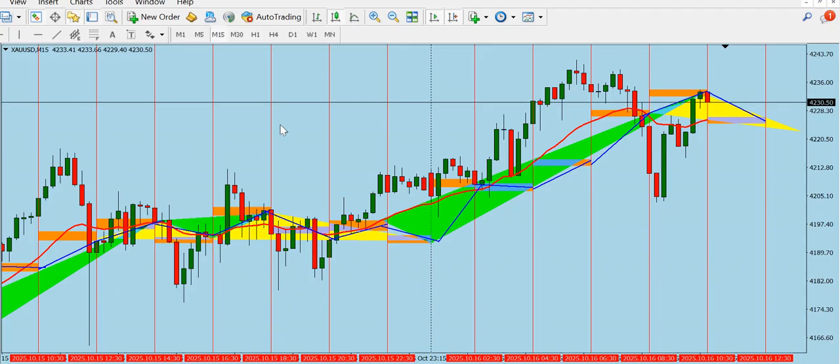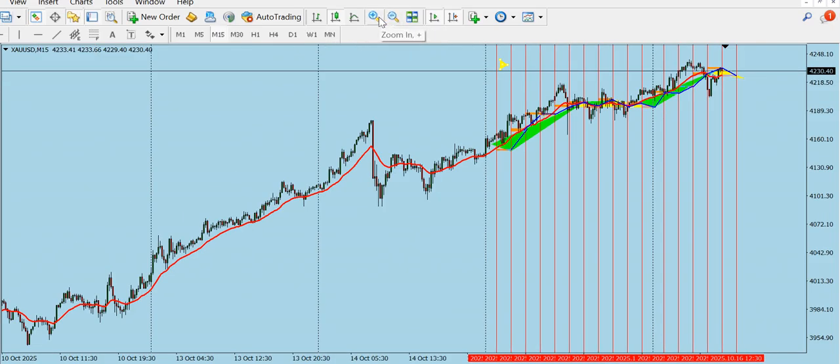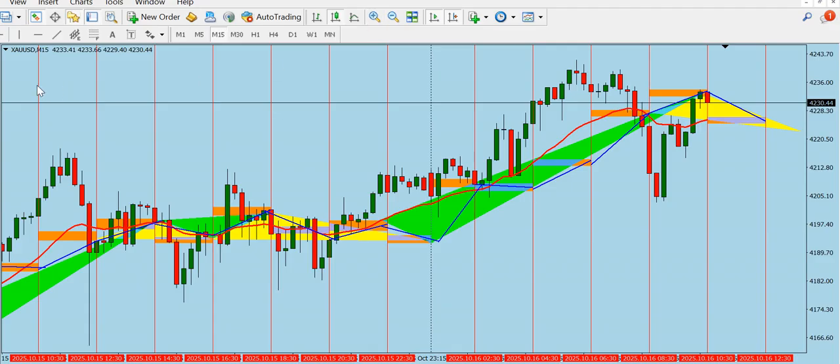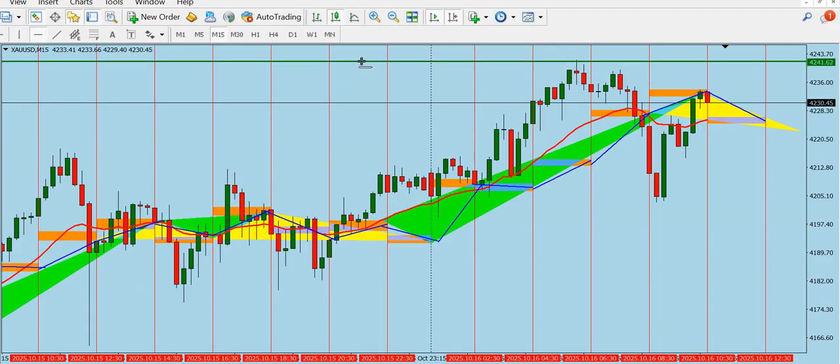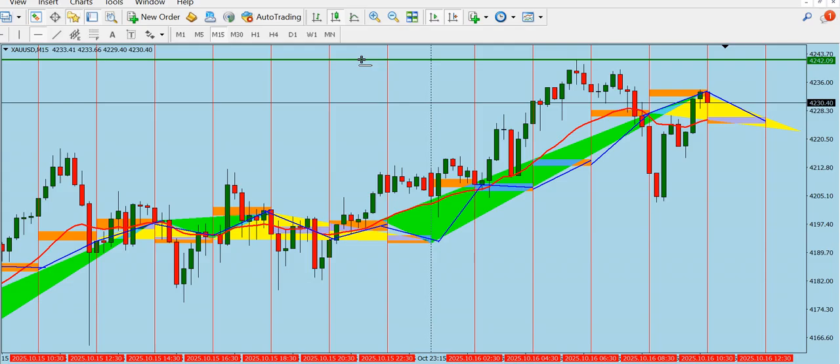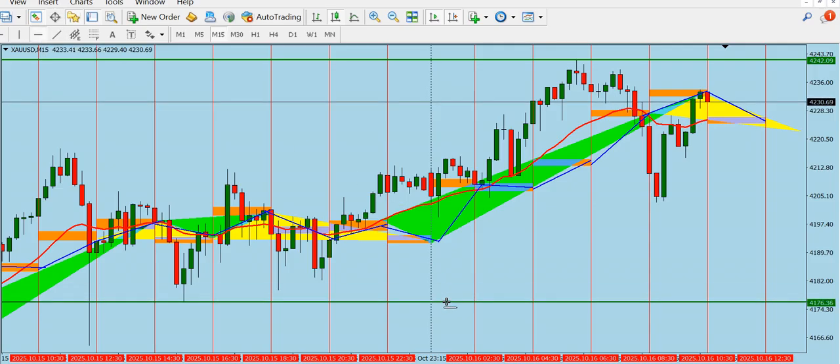But for now, for us to draw the high and low of the chart. Here is the high of the range of the chart. That's 4242. A break above that level might possibly see price going further up.